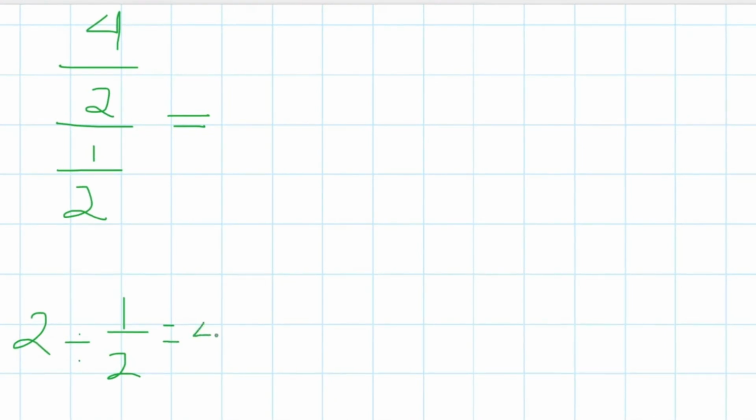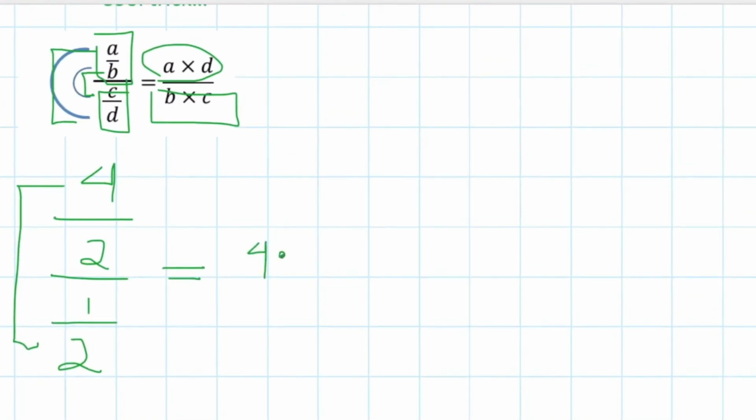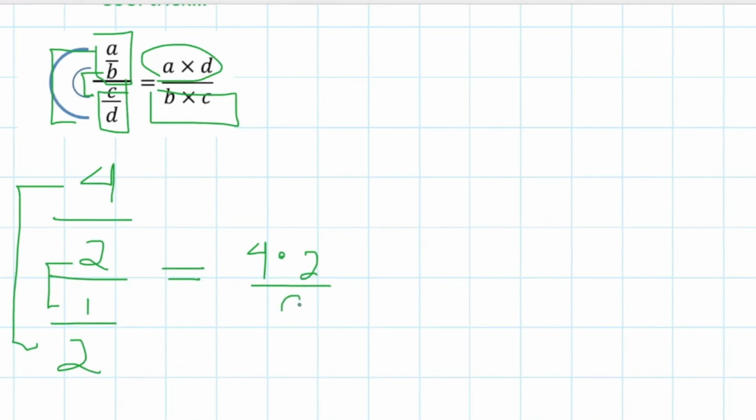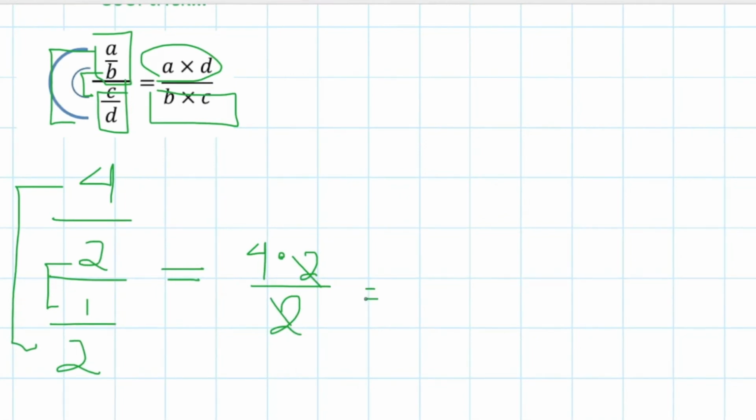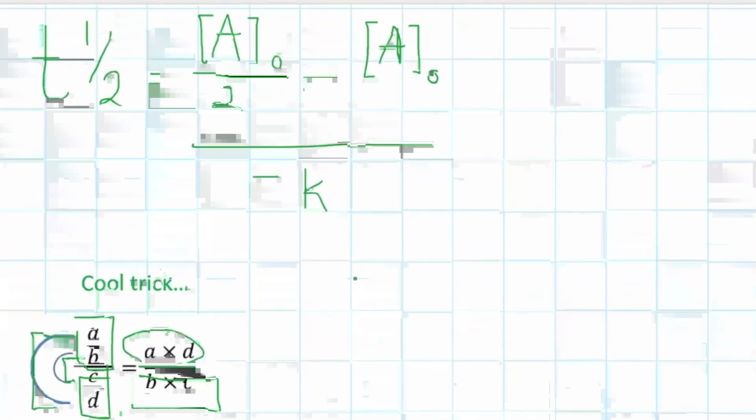So let's see if this tortilla rule works. You multiply the ones that are on the outside. So 4 times 2 over 2 times 1. We can cross out the 2, and we got 4. So yeah, it actually works. That was a cool trick.